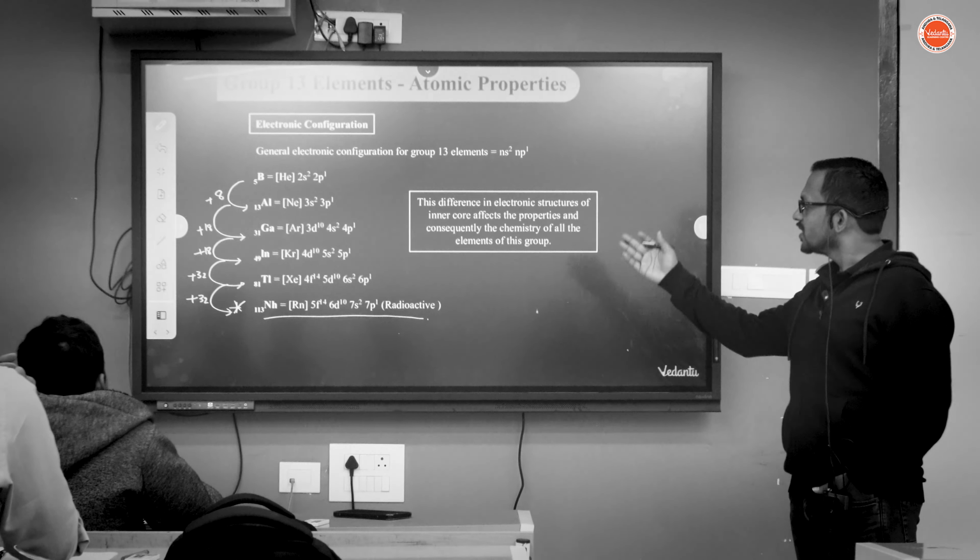But in the case of thallium, you get 4f14. So 4f14 is introduced in thallium. So this is also poor shielding. Poor shielding causes the atomic radius to decrease slightly compared to what we expect experimentally. We expect somewhat X, but we get a little lesser than X value.